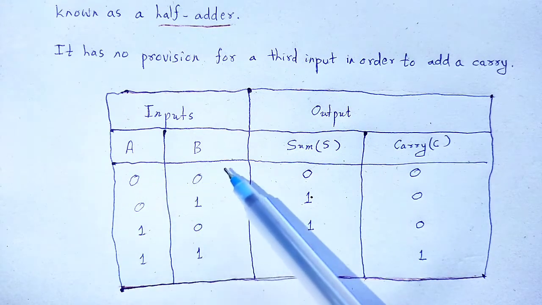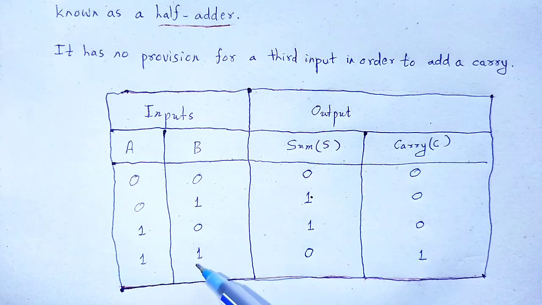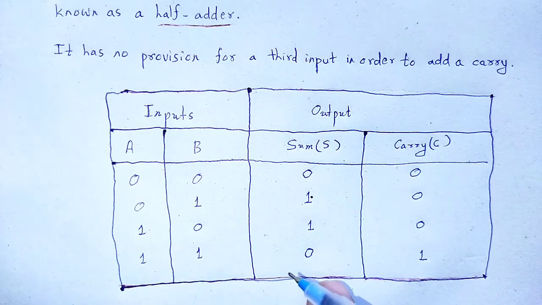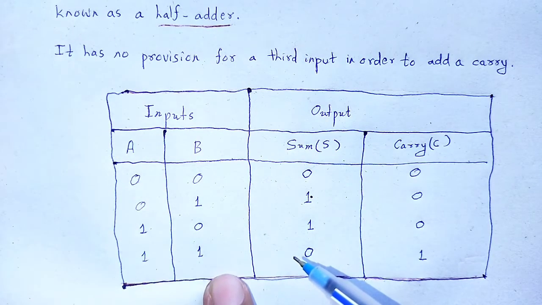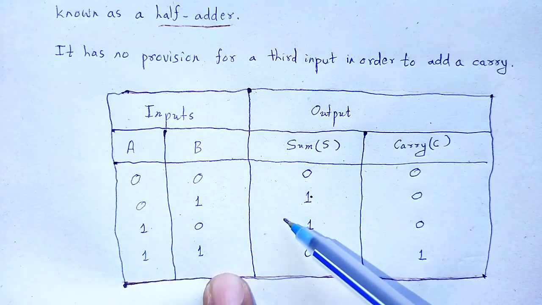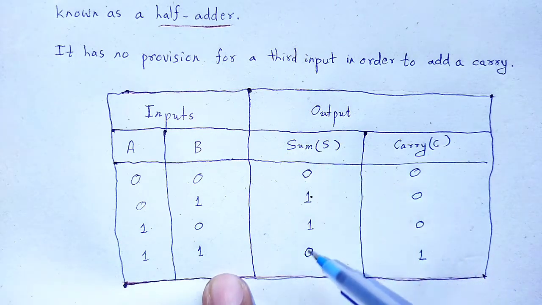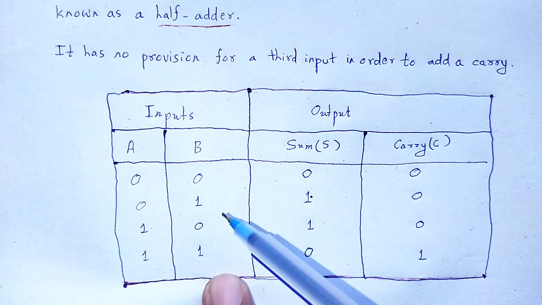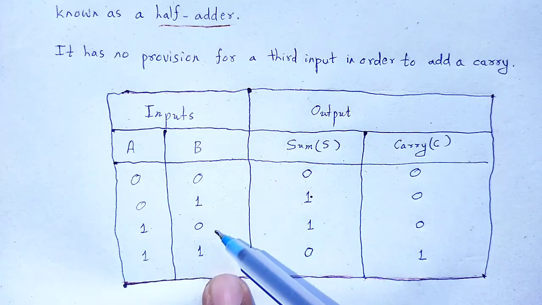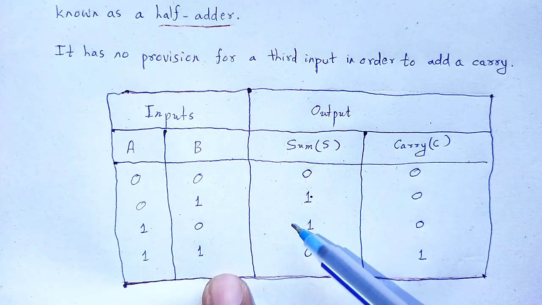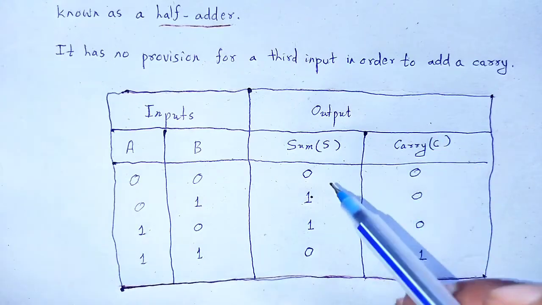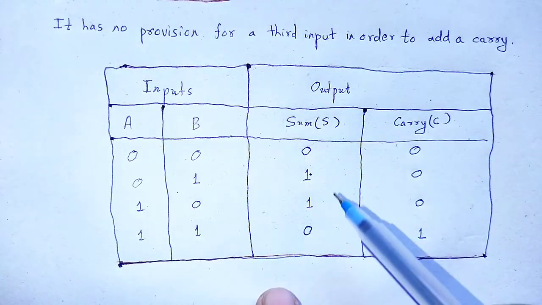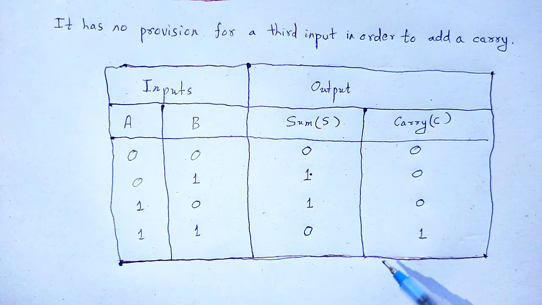But when the two inputs are low, the output is low, and when the two inputs are high, the output is also low. This means the output in the S column is high when either input, not both, is high. That kind of truth table we observe with an XOR gate.